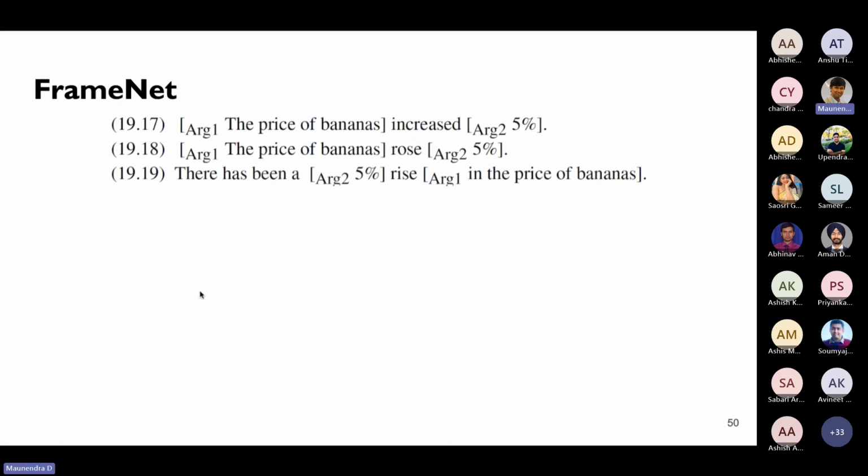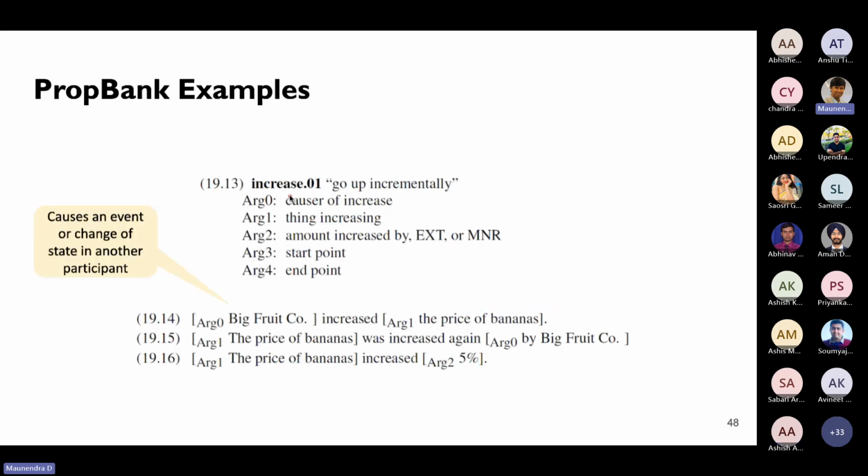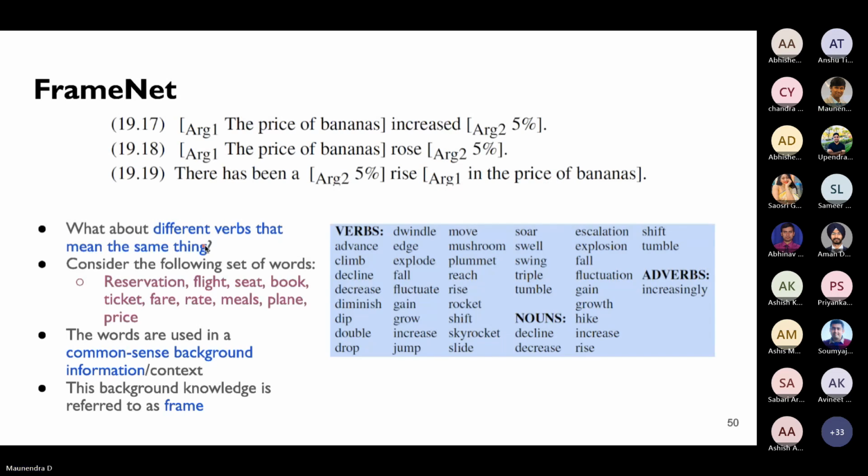Next, what people said is that you are creating examples separately for increase, for fall, for decrease, and so on. But if you look at the words increase, decrease, fall, or rise, they all try to capture similar kinds of things. So is there a way in which we can identify the group of words for which the roles that we expect to see in the sentences in which they appear are expected to remain the same?